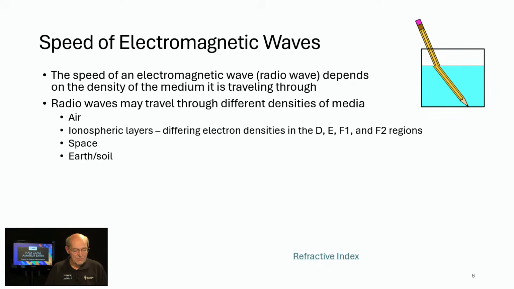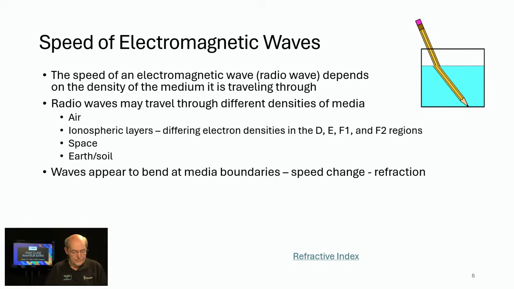These are all media that have different speeds that the radio waves will travel through and cause bending. That bending appears to happen at the media boundaries. We see in our glass of water here, the media boundary is where it appears to change.